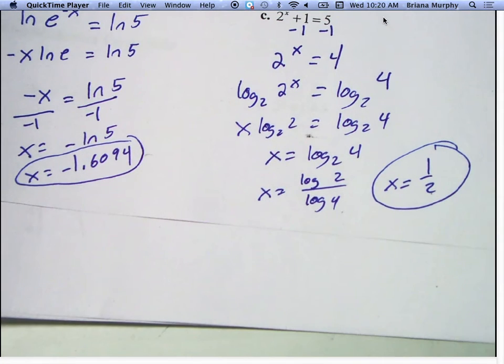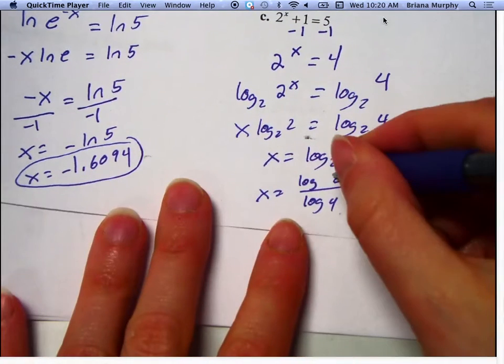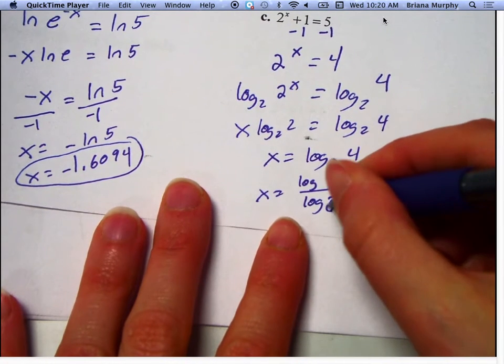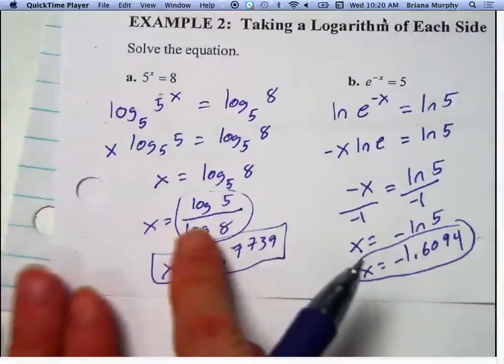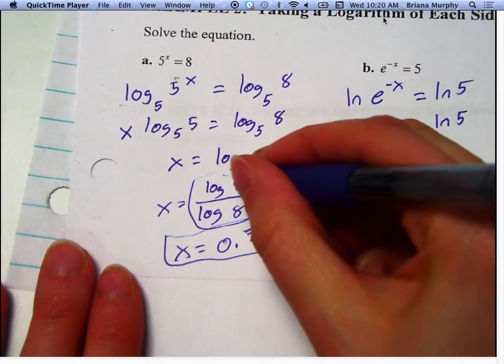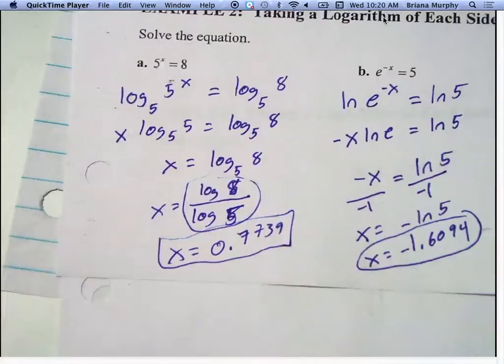Okay, let's go back to our change of base notes and make sure that Miss Murphy told you to do the right thing. Okay. Change of base. Oh, that's why, guys. This is incorrect. This should be 4 over 2, which gives us 2. Which means this one right here is wrong as well. So this should be log of 8 over 5.